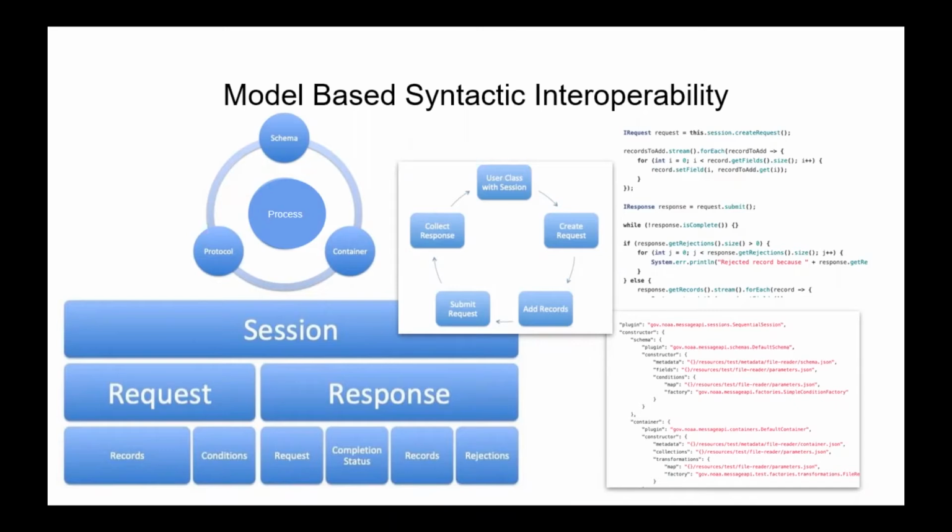So we have a process which is well structured in terms of a model, and then we talk to those processes through sessions, and each session's well structured, request and response, and requests are in terms of records and conditions, and we have a life cycle that we go through. And the key here is that I have a well-defined data model that can be described purely in data. So I can pass a full request, right, a full session to the API.